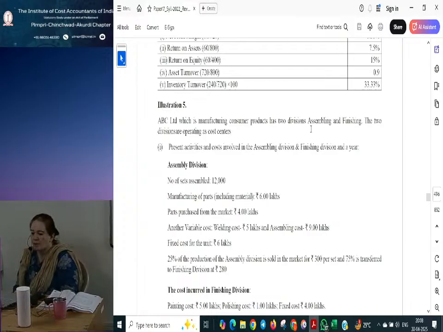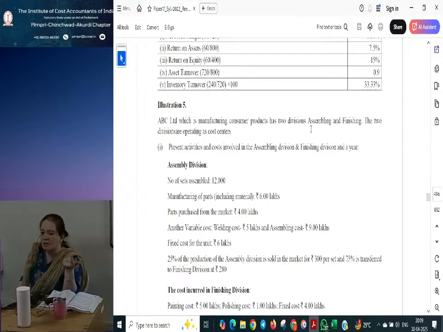25% of the production of the assembly division is sold in the market for 300, and 75% is transferred to the finishing division at rupees 280. So it's not the entire output from the assembly division that is transferred to the finishing division. 25% is sold at the assembly division level itself and 75% is transferred to the finishing division.